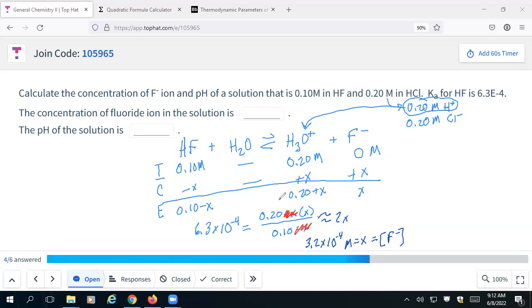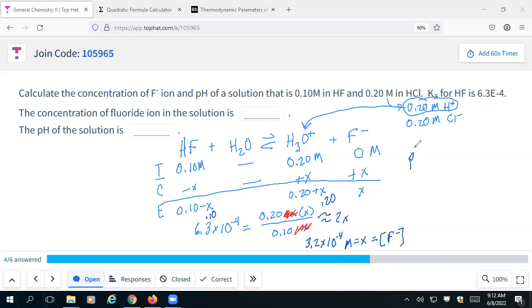Now, when we add 3.2 times 10 to the negative fourth to 0.20, rounding to two decimal places, we still end up with 0.20. And if we did the same thing here, we'd end up with 0.10 here. The value is just not big enough to make a noticeable roundable difference in those initial concentrations.